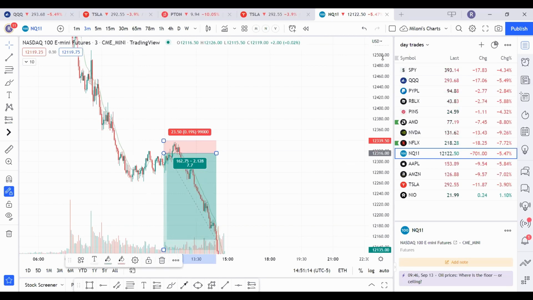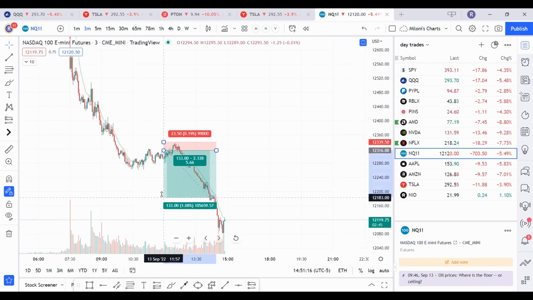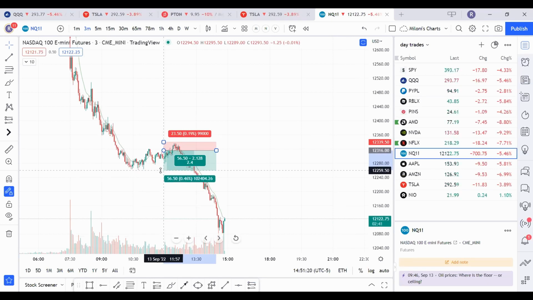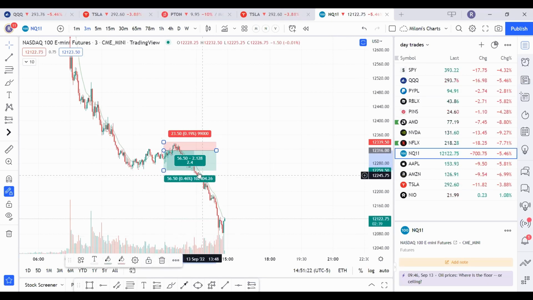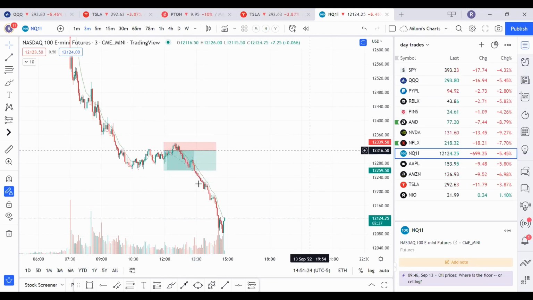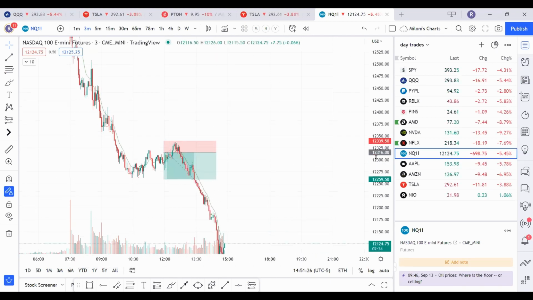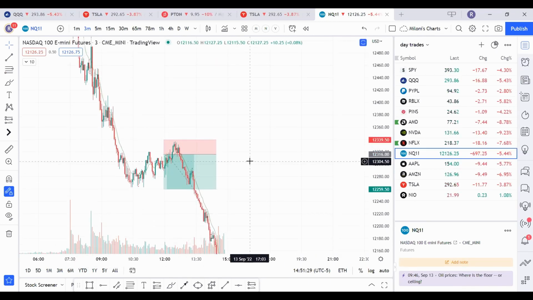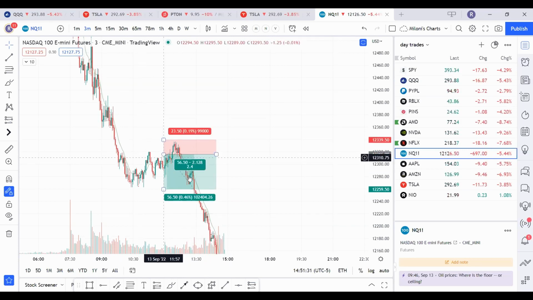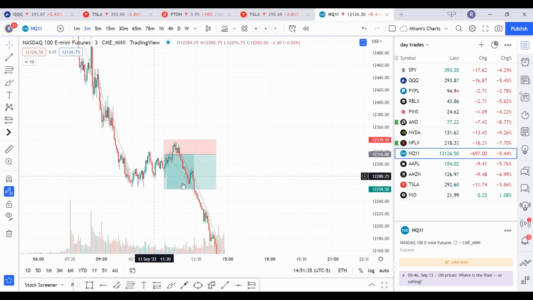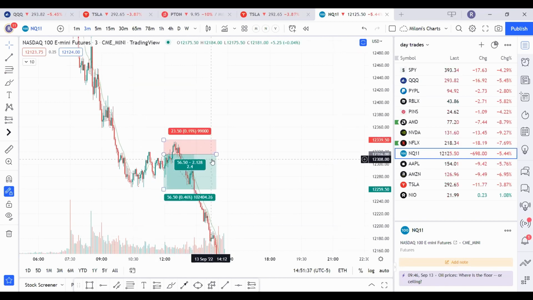This is obviously a quick scalp. So as soon as we make the new low, probably with this candle, I would have been out. You've doubled your money. You've actually more than doubled your money in no time by spotting this trap. This is a beautiful way to spot traps.